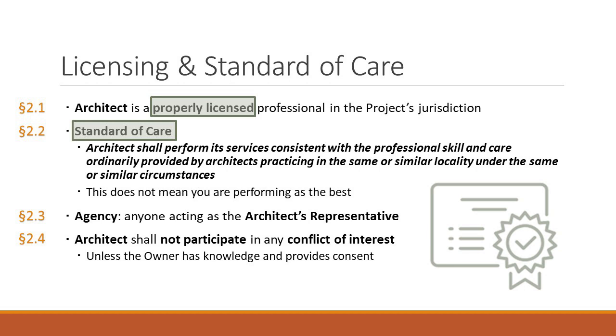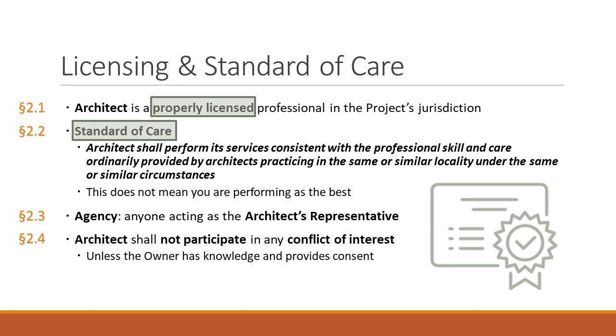2.3 just says you need to talk to a representative that the architect can identify. This is another thing that referred back to the initial information. And 2.4, architects shall not engage in any activity or accept any employment that would appear to compromise the architect's professional judgment.